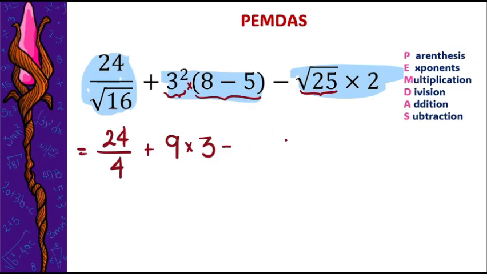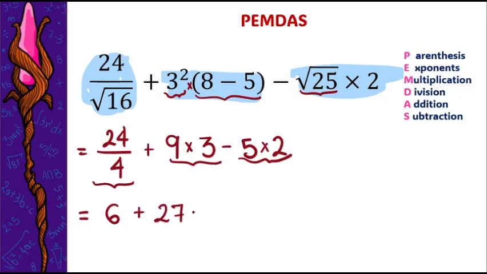Remember, that's like an exponent. Square root of 25 is 5 times 2. Now we have just multiplication, division, addition, and subtraction. So division and the multiplications go first. 24 divided by 4 is 6, plus 3 times 9, which is 27, minus 5 times 2, which is 10. So finally we do 6 plus 27, that's 33, minus 10 is 23. And that would be our final answer.